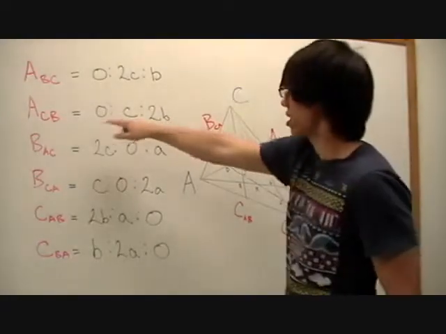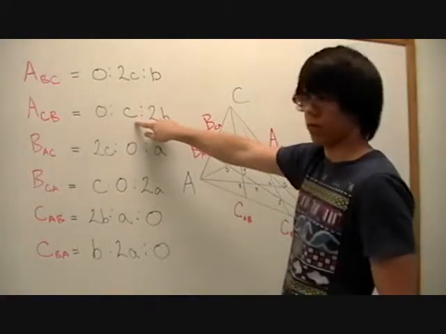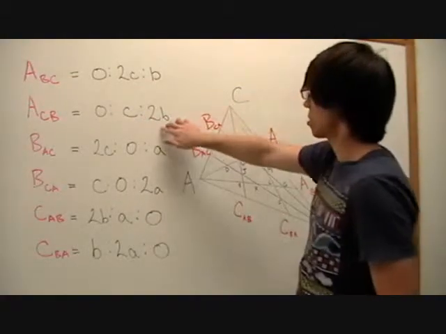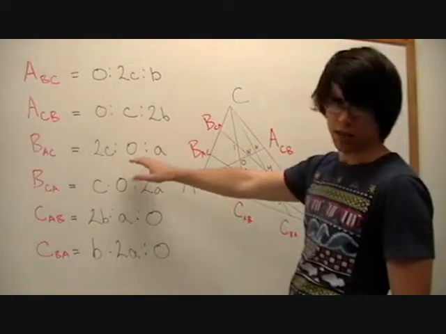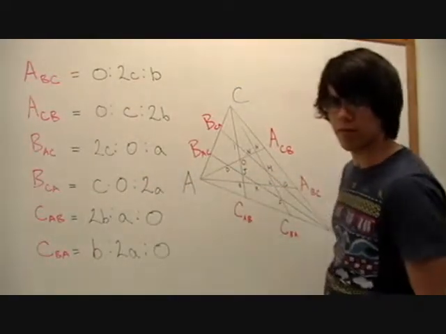And similarly, ACB is 1/3 of the way from C and 2/3 of the way from B. And similar reasoning follows for each of the other 5 coordinates.